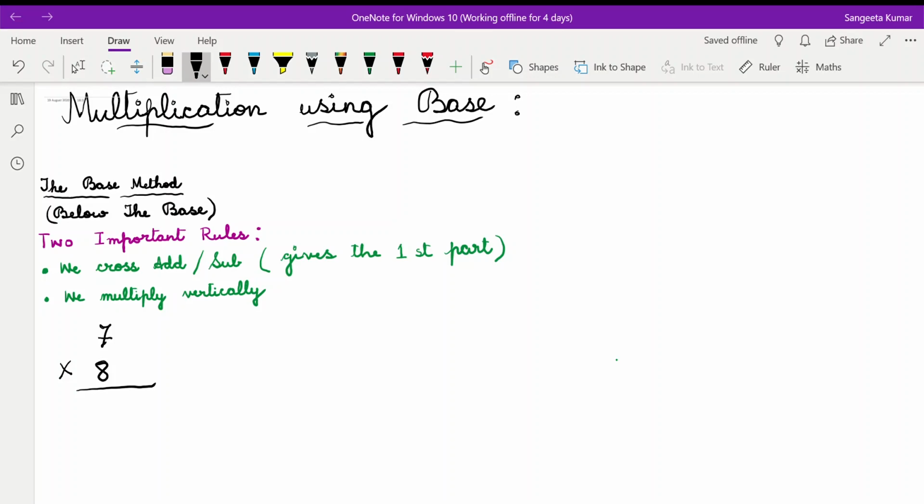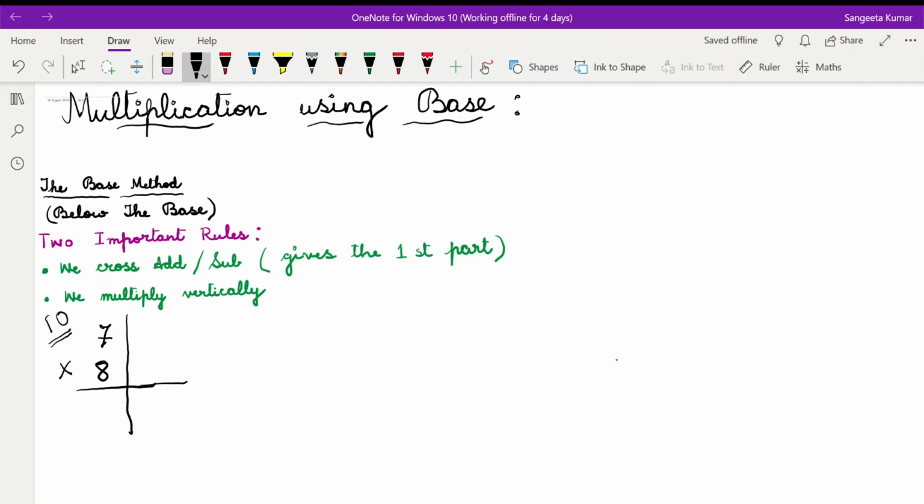But how do we apply the base method? Since 7 and 8 both are close to the base 10, our base here is 10. What we have to do is see how much less 7 is than 10. Here we know 7 is 3 less than 10 and 8 is 2 less than 10.